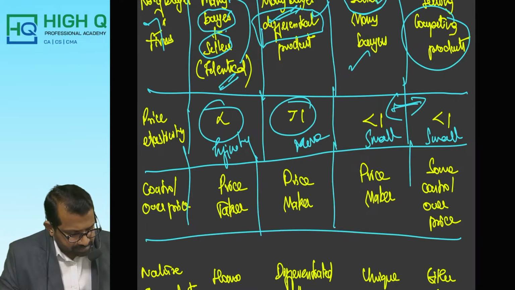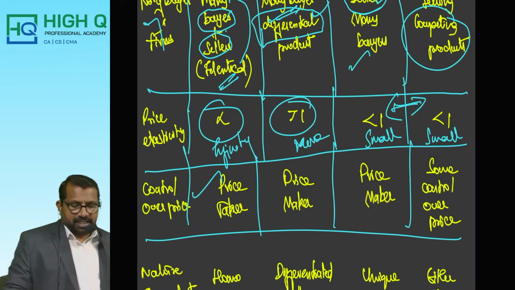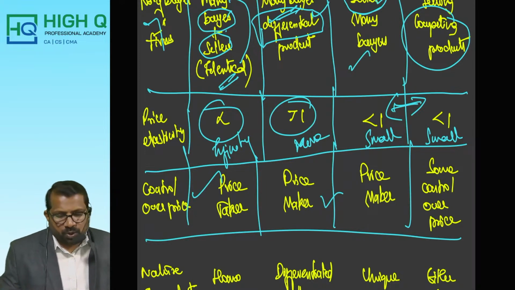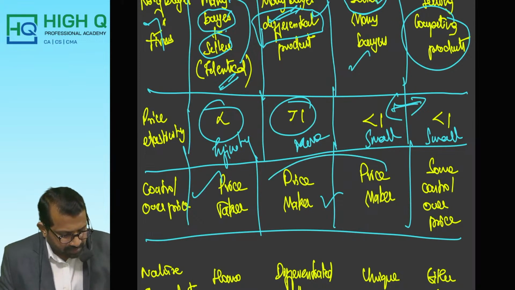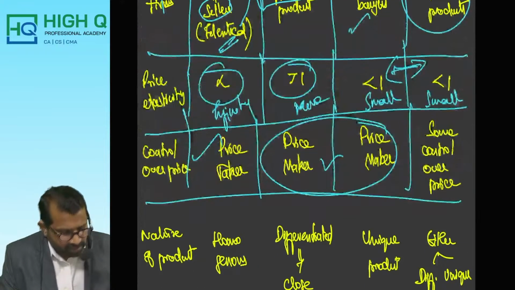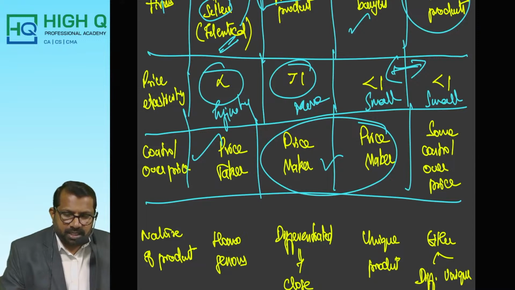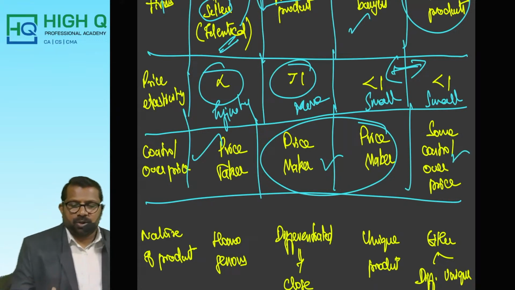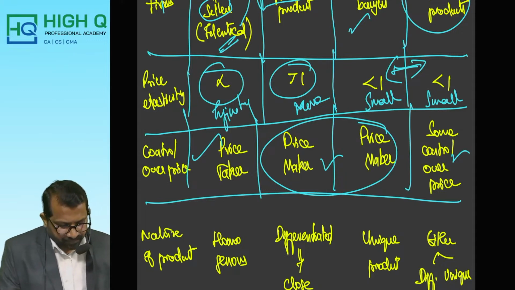Control over price. Here they are price taker, but here they are price maker. They can control the price. Price maker is applicable for 2 types of competition, monopolistic competition and monopoly. But in oligopoly, somehow they are able to control the price.